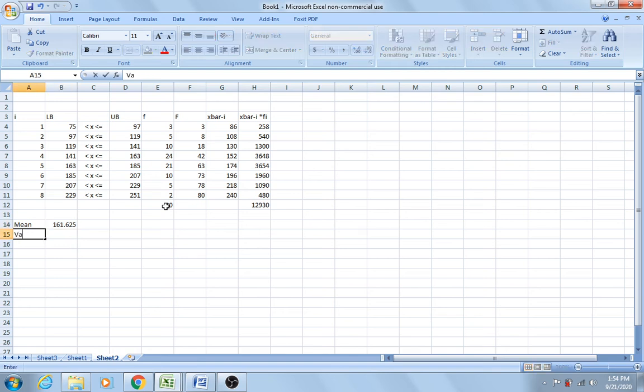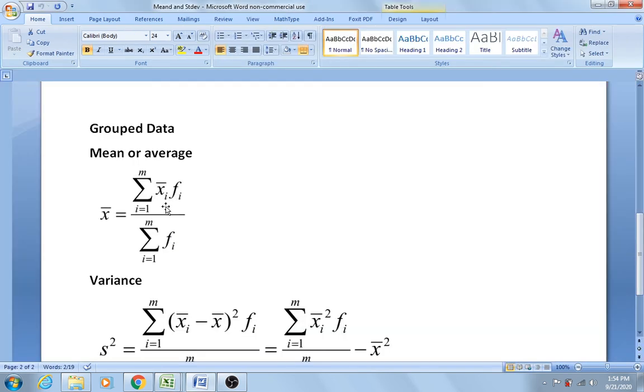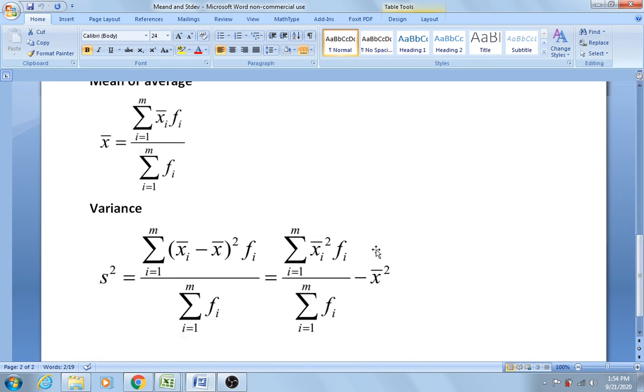Now the variance. In order to calculate the variance, we need to calculate the difference between the middle point and the mean that we have calculated, then square them, and then multiply each of it by the frequency of that particular interval, and then divide by the total number of the frequency that we have in the table.